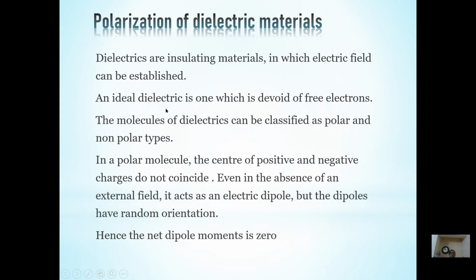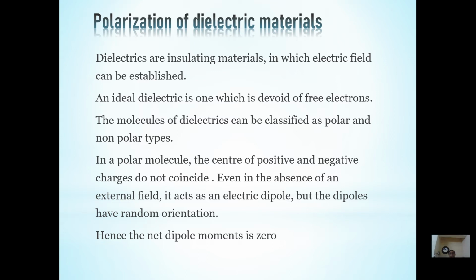An ideal dielectric is one which is devoid of free electrons, meaning there are no free electrons. And the molecules of dielectrics are mainly classified into two types: polar molecules and non-polar molecules. In case of a polar molecule, the centers of positive and negative charges are separate. They do not coincide.